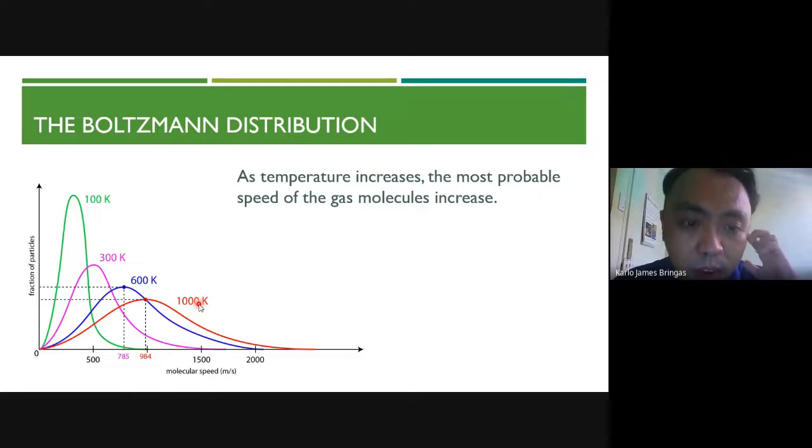Okay. So also, I'd like to ask you guys, can you see any other trends as we increase the temperature, aside from our most probable speed?